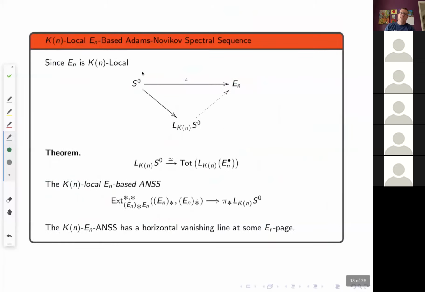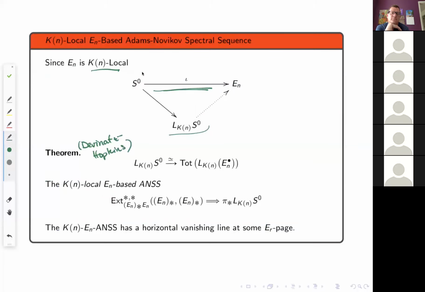All right, so now we're ready for the K_n-local E_n-based Adams-Novikov spectral sequence. E_n is K_n-local, so if I look at this first approximation here, it has to factor through the K_n-local sphere. And this is a theorem, so I'm going to say Devinatz-Hopkins on this one.